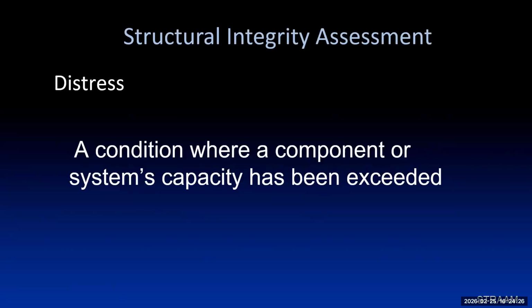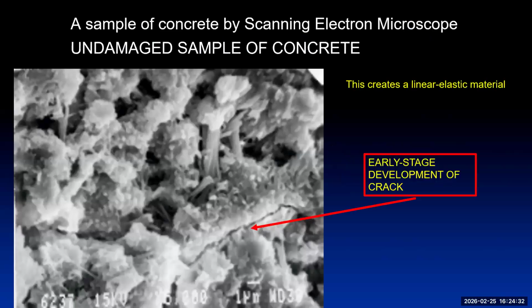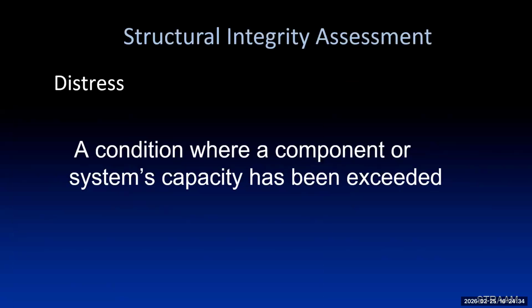Distress is a condition where a component or system capacity has been exceeded. So, in other words, here we're talking about the capacity and the demand. Demand and capacity are extremely important.